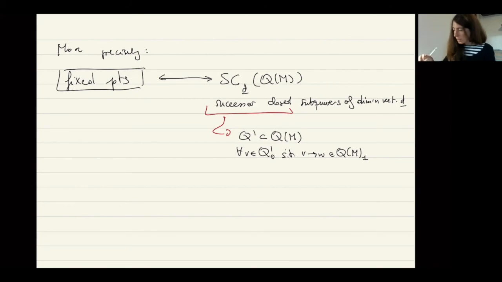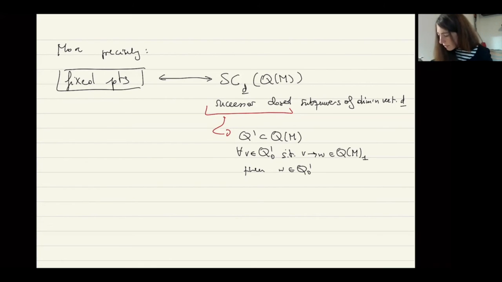So if you have the source of an arrow, and this source is in the subquiver, you also have the target, okay? Then W is also in Q0 prime. That's what successor closed means.